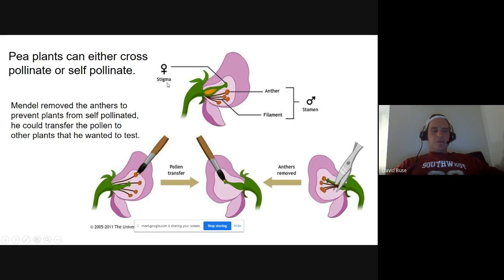They can reproduce through self-pollination, which means the male and female parts of the same plant are involved in reproduction, and cross-pollination, which means that the male and female parts of 2 separate plants are involved in pollination. So to avoid self-pollination, Mendel removed the anthers from the plants. By removing those anthers, he was able to prevent the pollen from one plant from self-fertilizing, and this allowed him to make the controlled crosses.